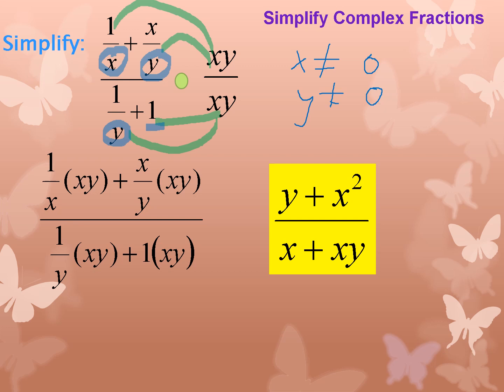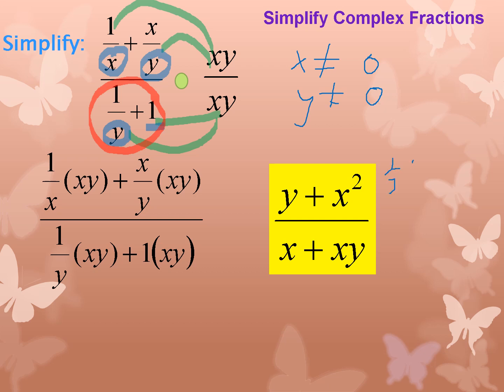But here's a problem we have. Even though this is a fraction in the denominator, we also have a denominator of the entire fraction. So we cannot let 1 over y plus 1 equal 0.